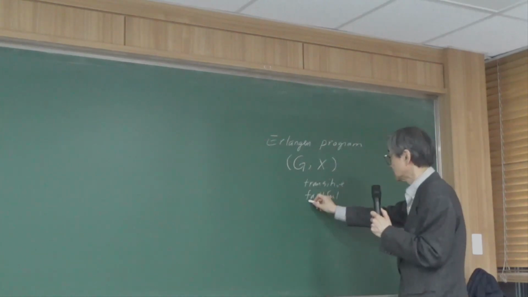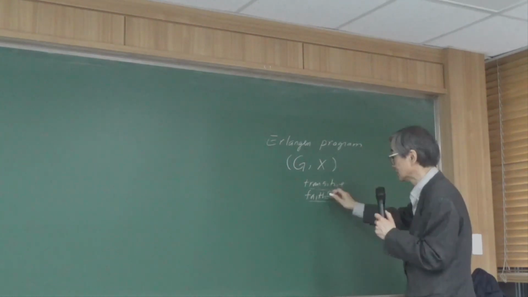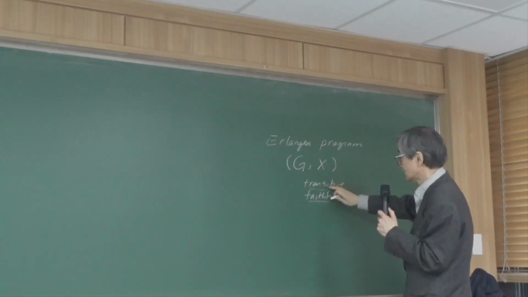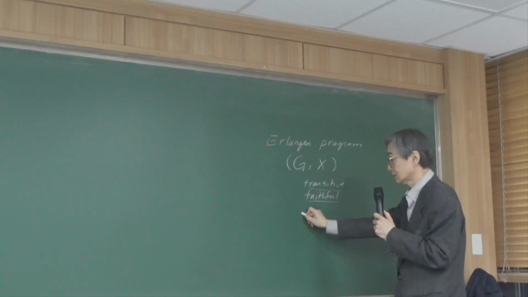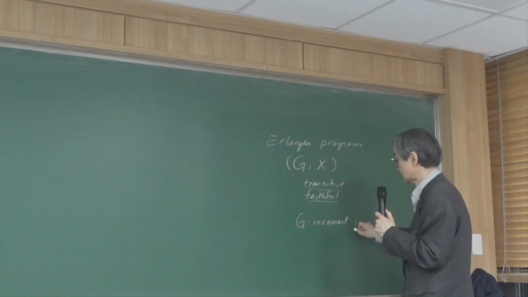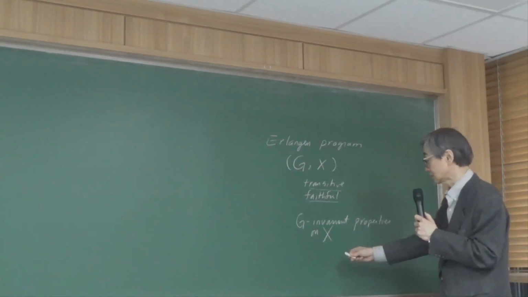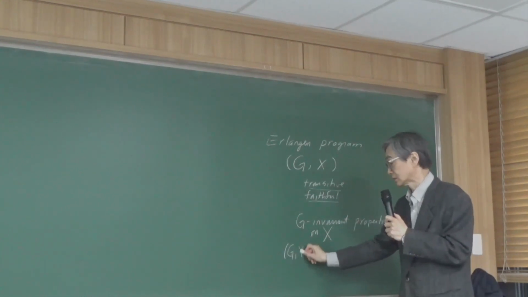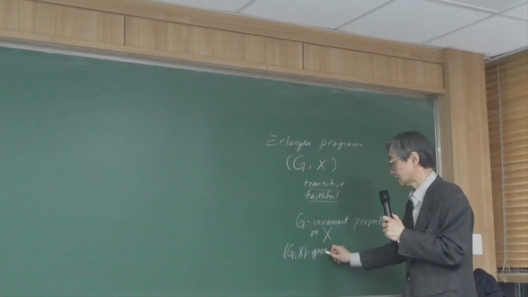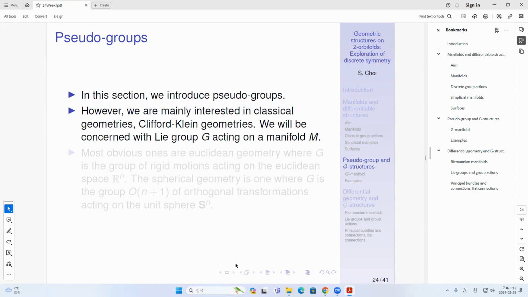Of course, maybe you can drop this condition, maybe both can be dropped, but as a geometry, usually you want the transitive and effective action, and then the invariant properties on X. This is called the G-X geometry. We'll be mostly concerned with that.